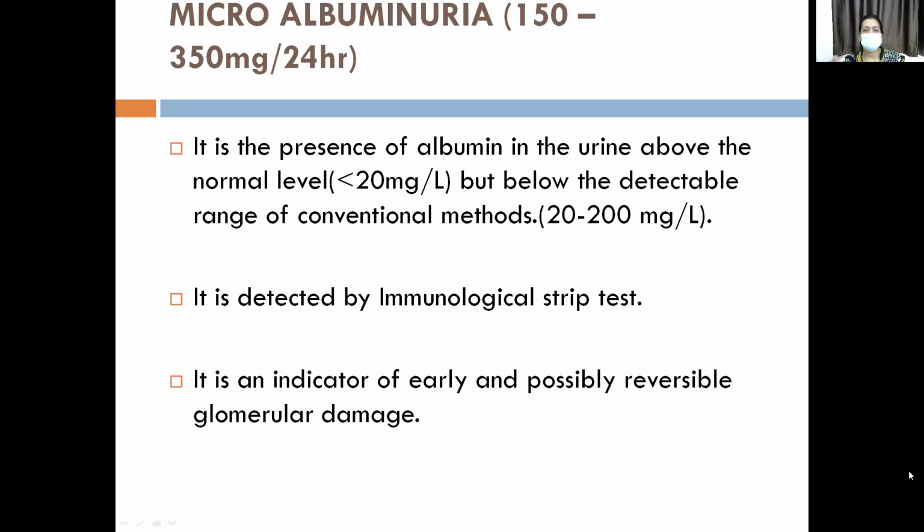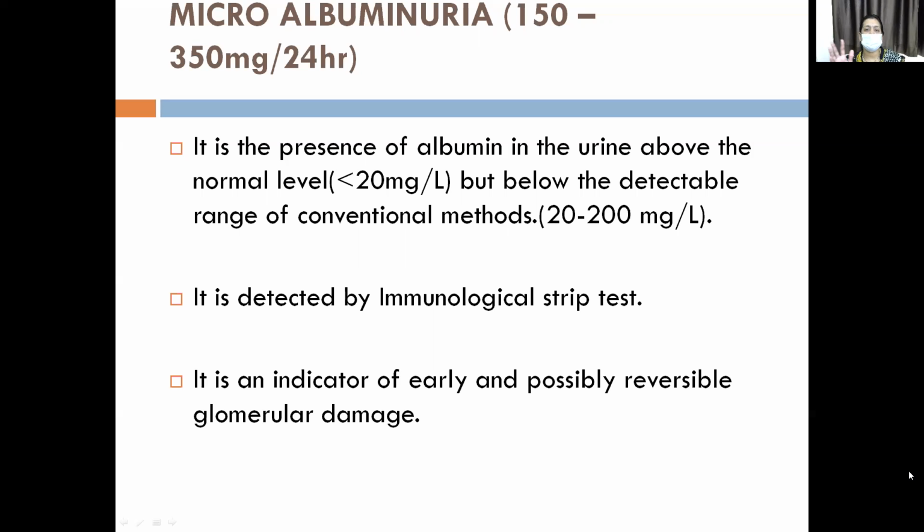So that means microalbuminuria is very, very difficult to catch. If we are able to catch microalbuminuria exactly, we can prevent a lot of damage to the kidney by early diagnosis.